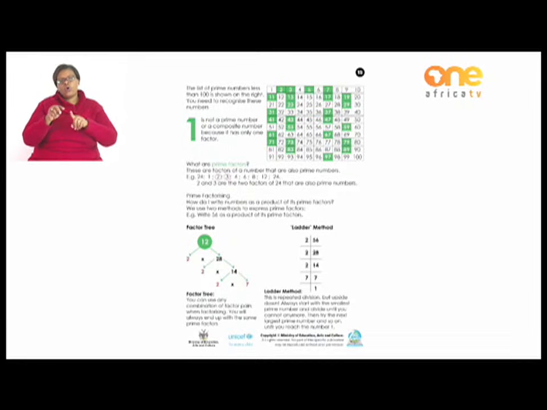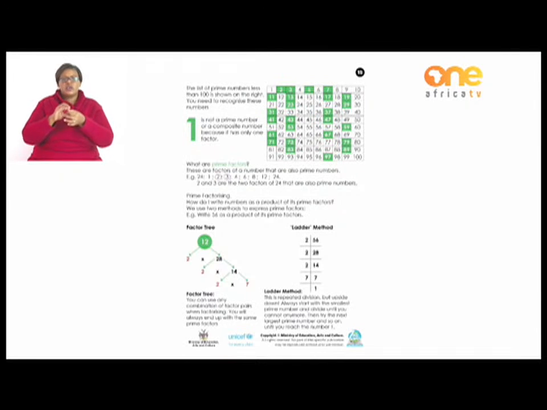To explain it in detail, or to read there at the bottom, you can use any combination of factor pairs. When factorizing, you always end up with the same prime factors.